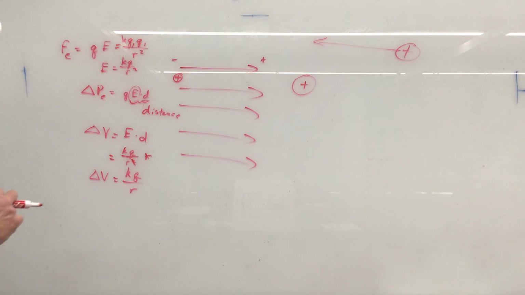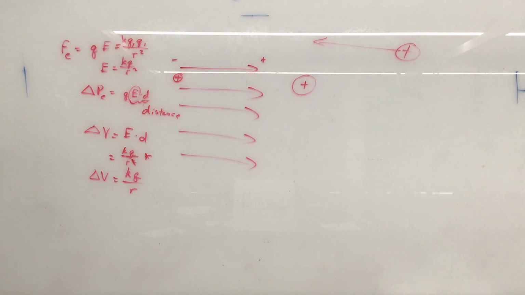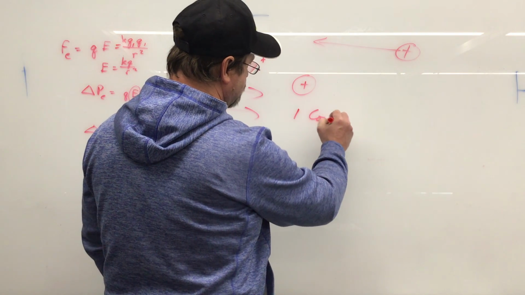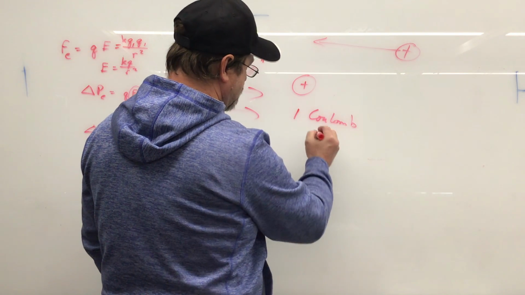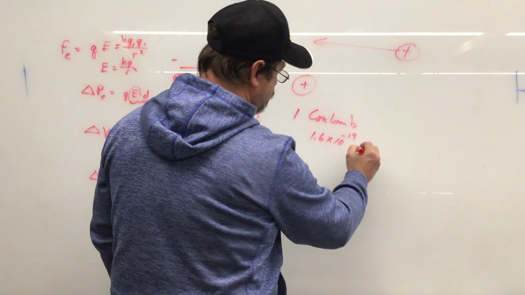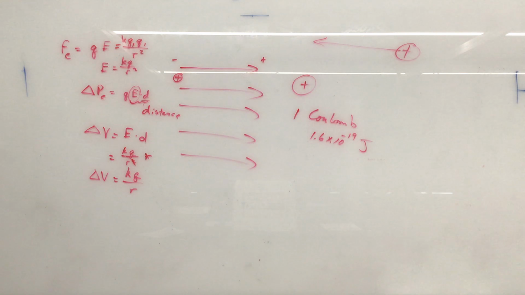Now, I mentioned in class very briefly before that there is a quantity called an electron volt, and that, you know, a single charge of an electron is 1.6 times 10 to the minus 19 coulombs, which obviously is a very small amount. And when we're talking about individual charges, it's usually beneficial to talk about something that's not 10 to the minus 19, something of that order.